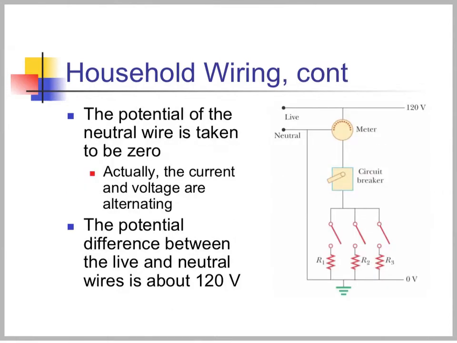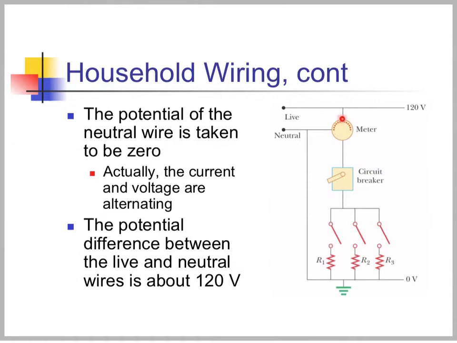So the potential of the neutral wire is always taken as 0. Now, in this case, actually, the current and voltage are alternating. We'll talk more about alternating currents later, but it's easiest to visualize if we think of our live wire at 120 volts and our neutral wire hooked to ground at 0 volts.